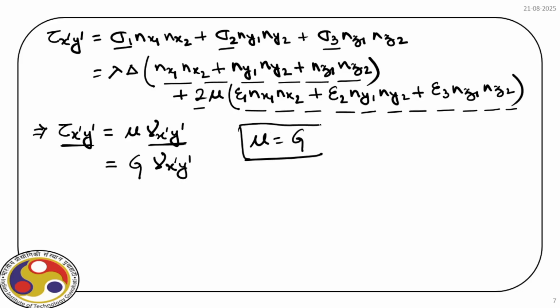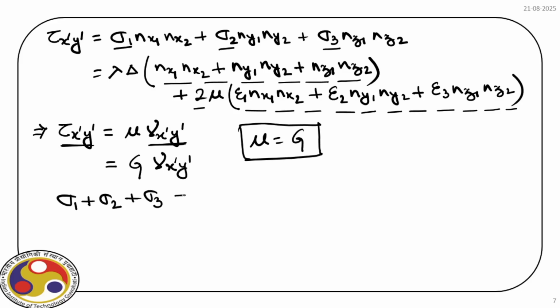So that's the second expression. We are left with two more constants, that is Young's modulus and Poisson's ratio. For that, again, let us go back to the expression of sigma 1 plus sigma 2 plus sigma 3.